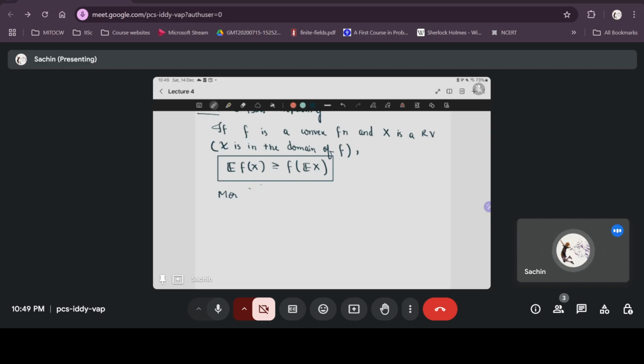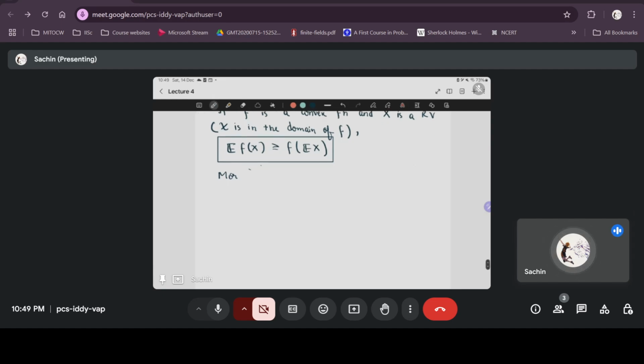Anyway, that's Jensen's inequality, and the equality condition will hold.